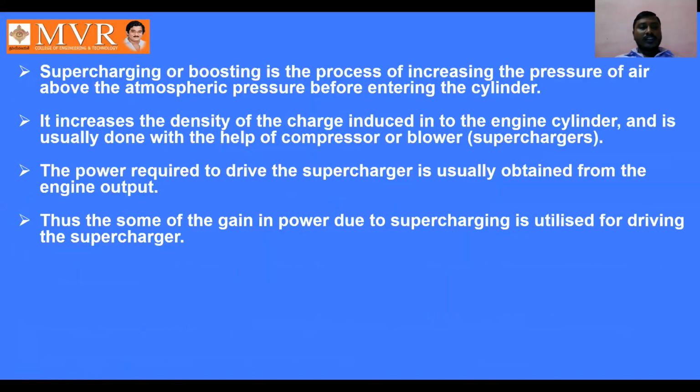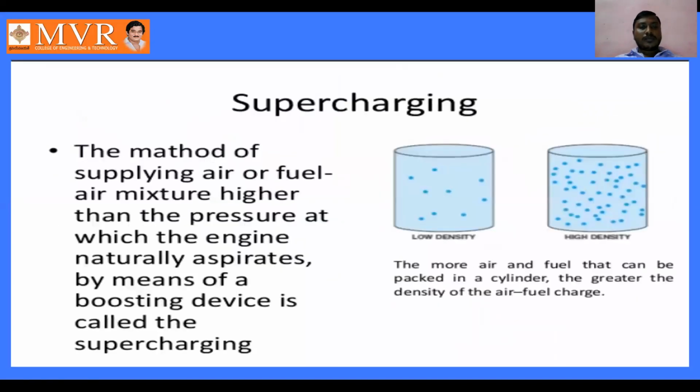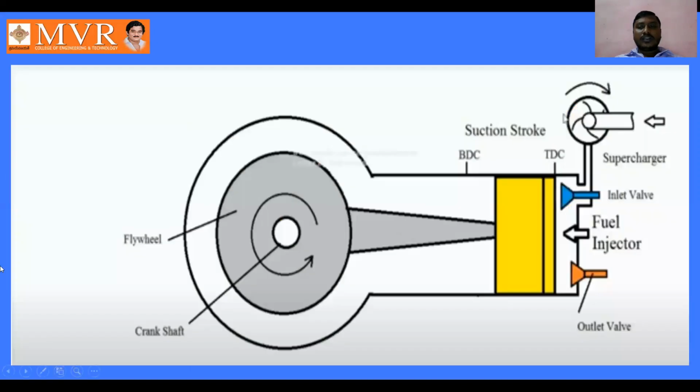As well as the supercharging. Once again I can explain about the supercharging: here the supercharger is used to force the air into the engine cylinder. As the supercharger is forcing more air, or pressurized air, into the engine cylinder, the efficiency and the output of the engine are going to be increased here.